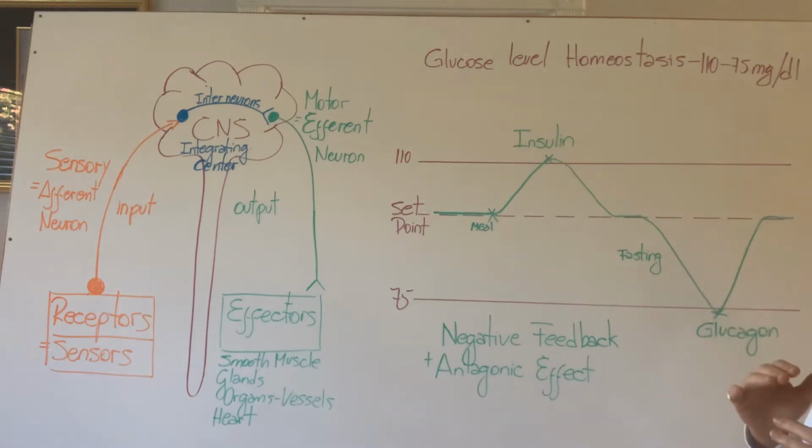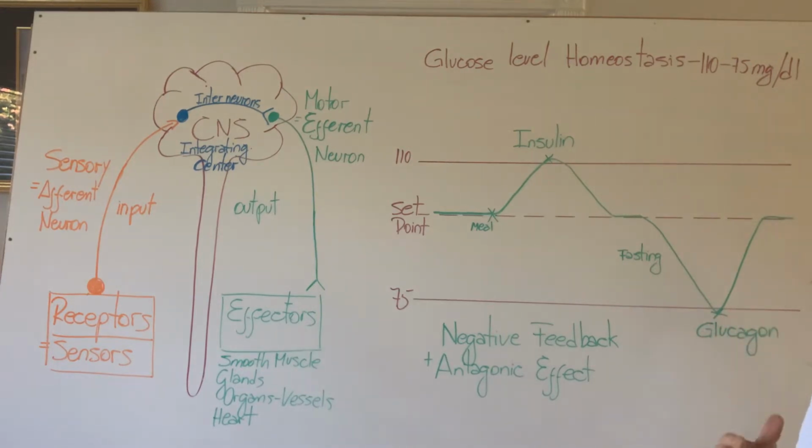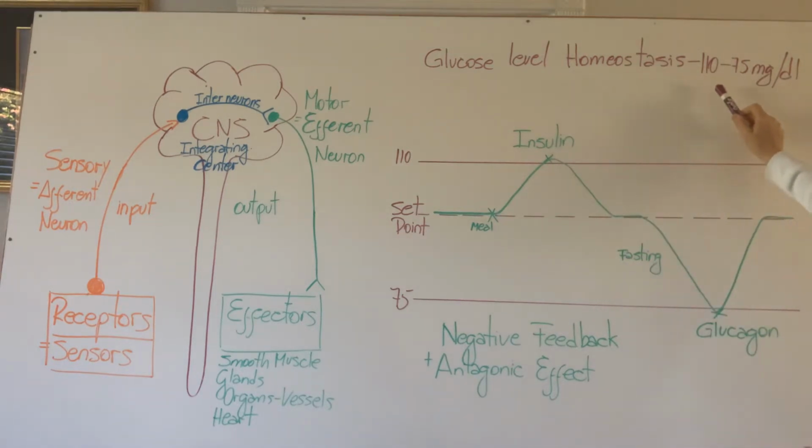And everything in between the highest and lowest is considered a normal value for this molecule. For glucose, the normal value is between 110 and 75 milligrams per deciliter.